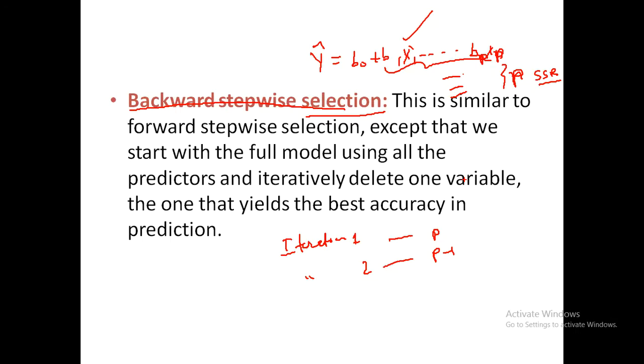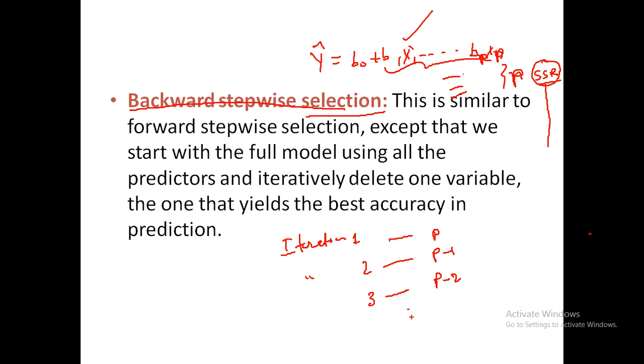Because here we are removing one by one. So whichever will have the maximum amount of SSR, that particular model, or in other way you can think that whichever model has the least amount of SSR, that model you keep. So in the next iteration again p minus 2 number of models, because every time one variable is discarded forever.